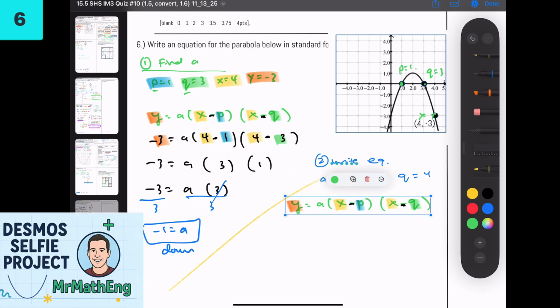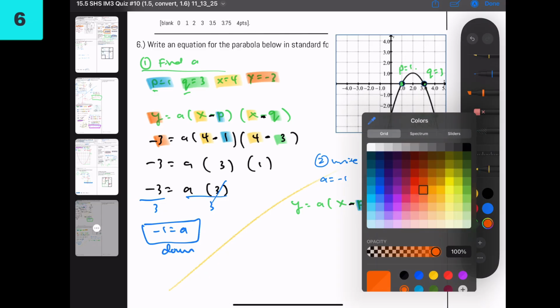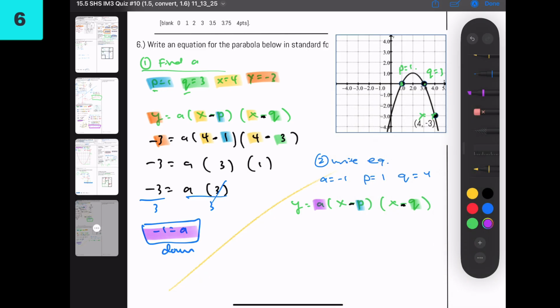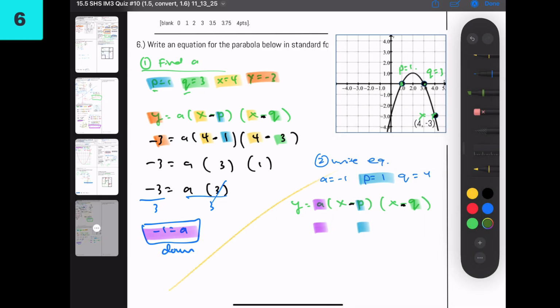And the only difference though is I'm not going to use the X's and Y's. I'm going to use the different color, purple. A is -1. P is 1. And then our Q is going to be 4.